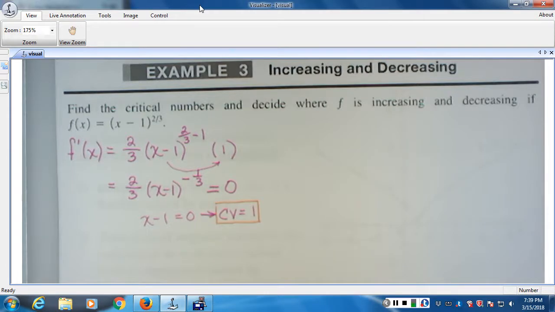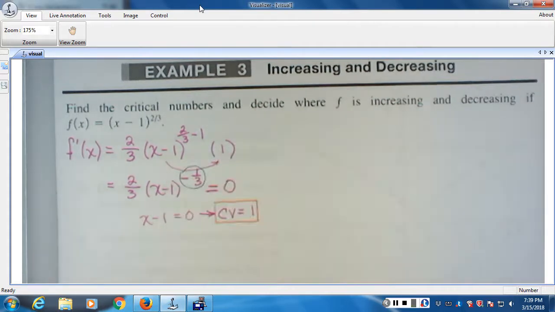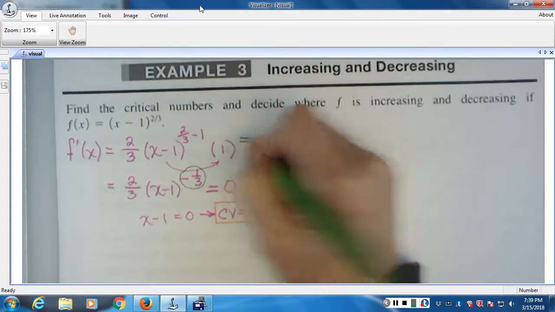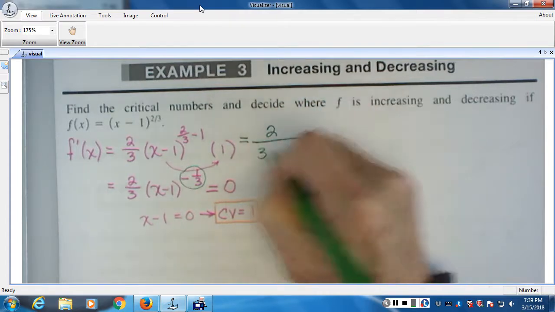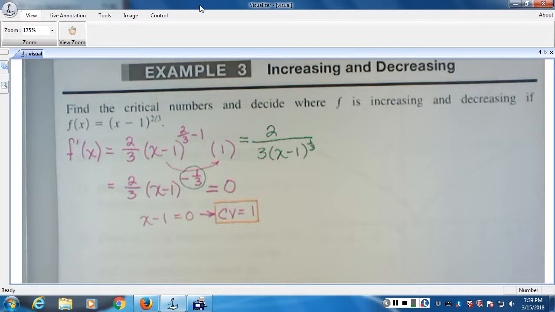Now, the only thing you have to be careful of, and this is just a caution, it doesn't actually change much, is about that power being negative. Because that power is negative, this derivative is actually 2 over 3 times (x minus 1) raised to the 1/3 power.